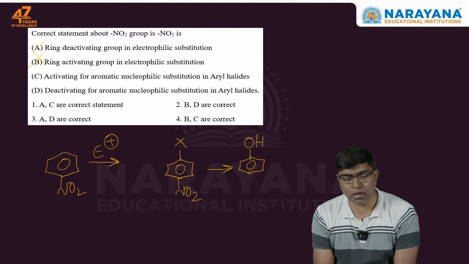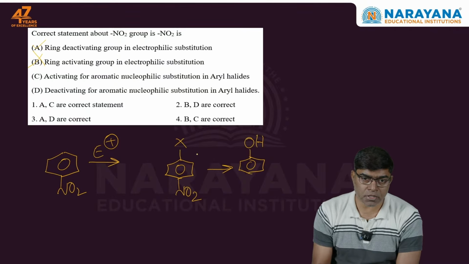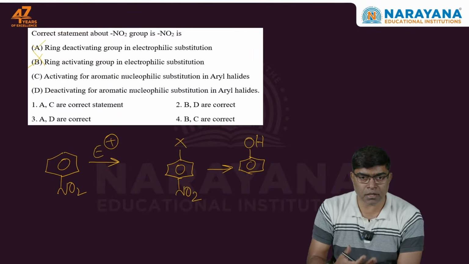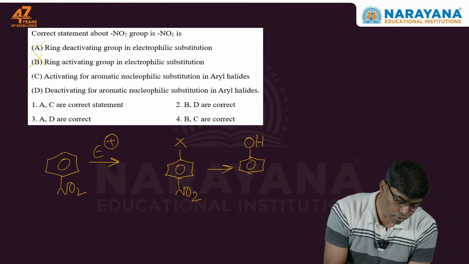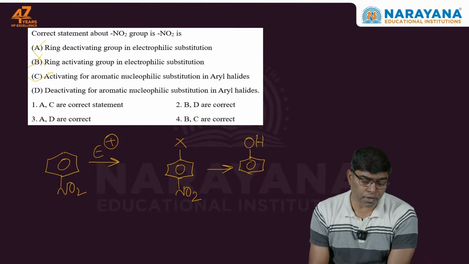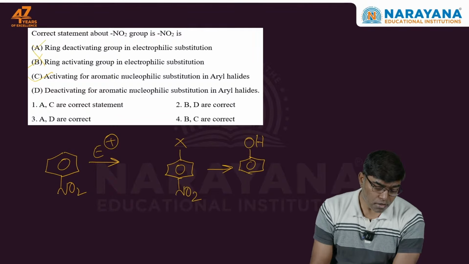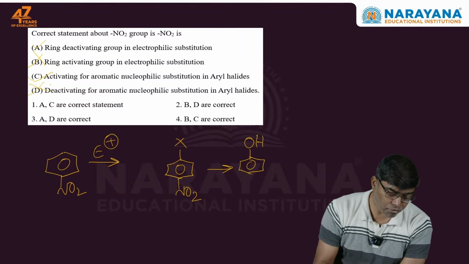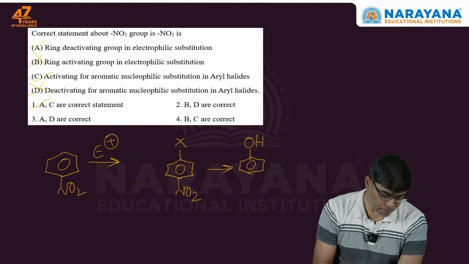And if you bring in one more NO2, it becomes much easier, because we are inviting the nucleophile to attack the benzene, and NO2 is going to create that drive for the nucleophile to approach. And therefore, C must be a right statement, activating for aromatic nucleophilic substitution. And D is obviously wrong, and therefore it has to be A and C, that is 1.